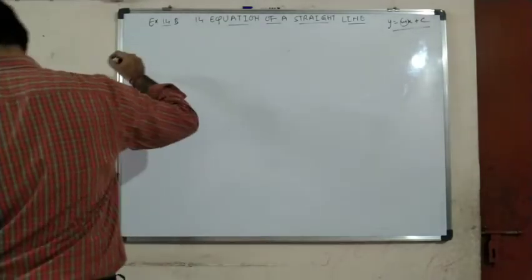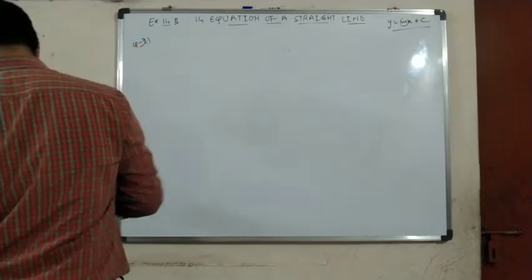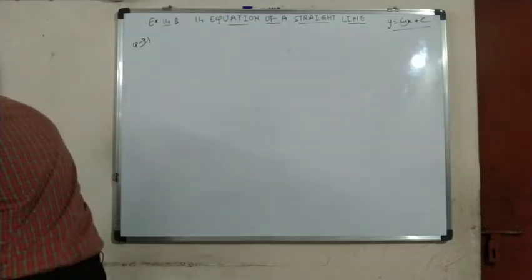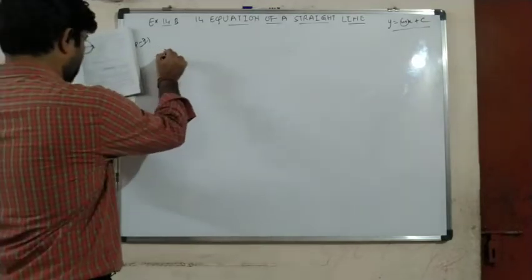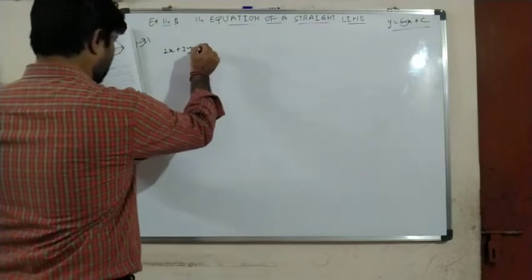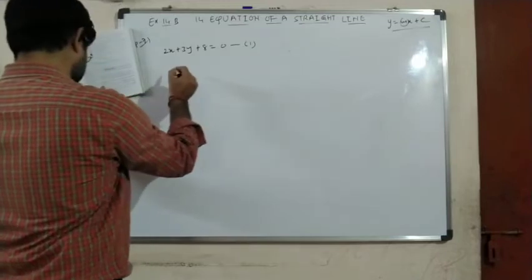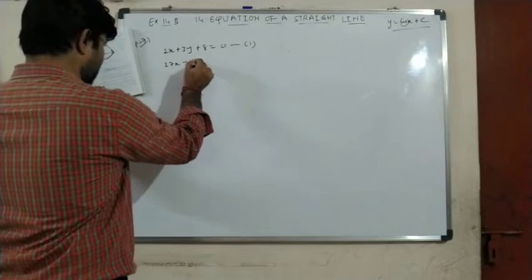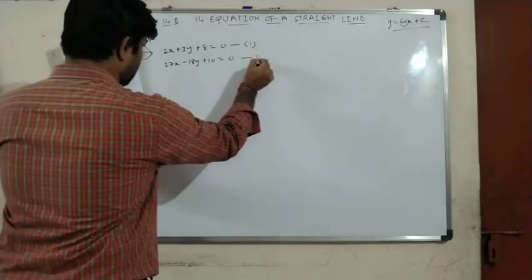Okay, now question number 7. Equations of two lines are 2x plus 3y plus 8 is equal to 0, and 27x minus 18y plus 10 is equal to 0.